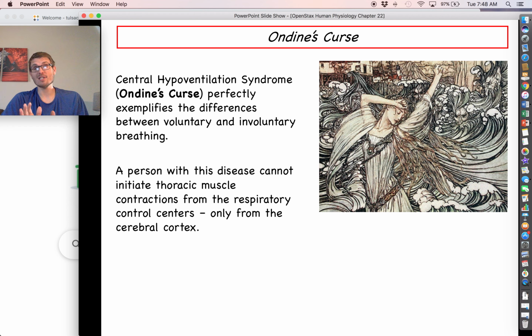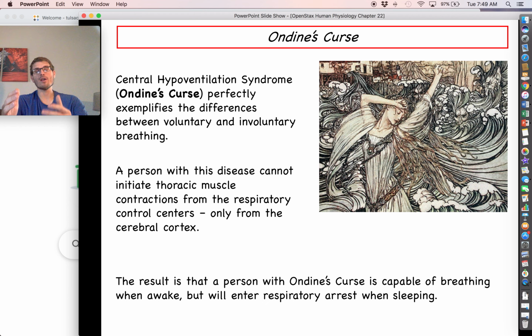When you are sleeping, you don't have conscious and voluntary control over your thoracic muscles, so you need your central control centers in the medulla and the pons to constantly measure oxygen and carbon dioxide and send messages to your thoracic muscles to get the breathing to happen on its own. Someone with Ondine's Curse will enter respiratory arrest when they fall asleep. Without any sort of treatment, someone with Ondine's Curse cannot live if they ever have to go to sleep.